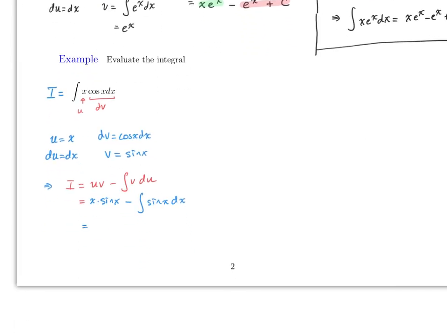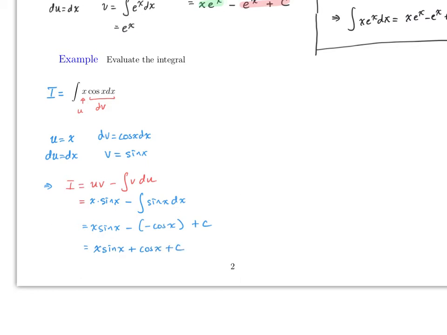Now the integral of sine x is going to be minus cosine x. So just be careful with this. Why? Because the derivative of cosine is minus sine. So therefore this is going to be minus. So the answer should be x sine x plus cosine x plus c.